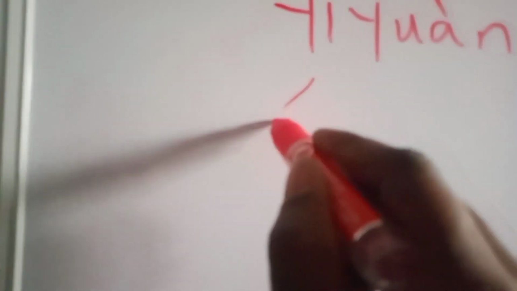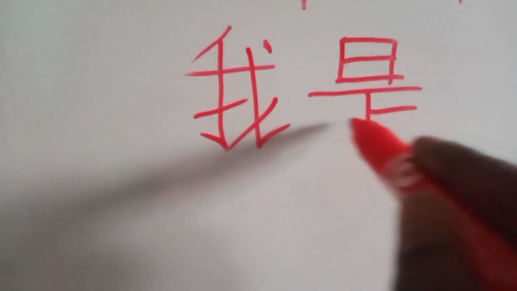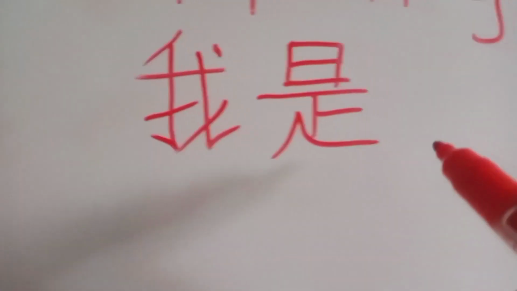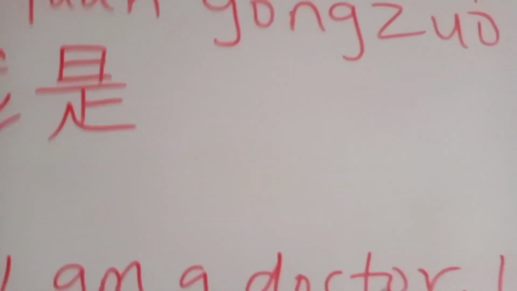We will not be wasting time with characters we have written before. So, I am writing this one fast because we have done it before. 我是, we have also written 是 before. So, I will not be slowing down for you to look at my hand. 我是医生. Now, this is how to write 医生.